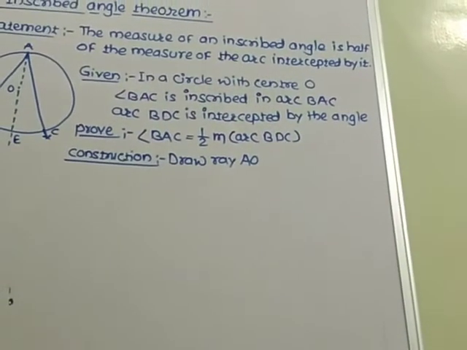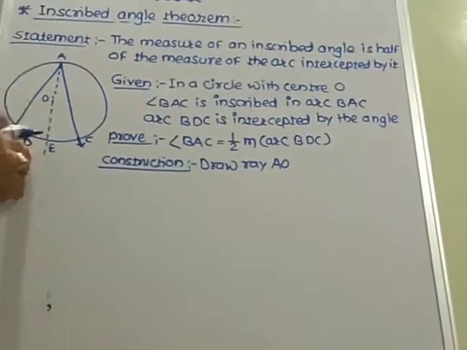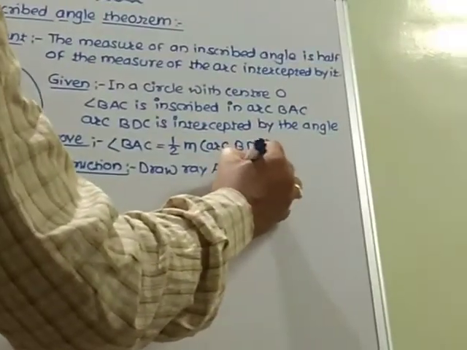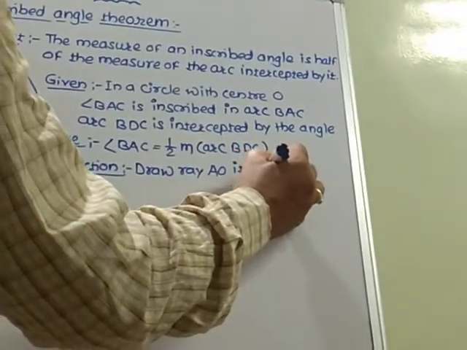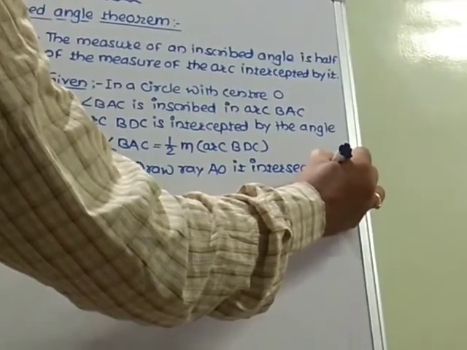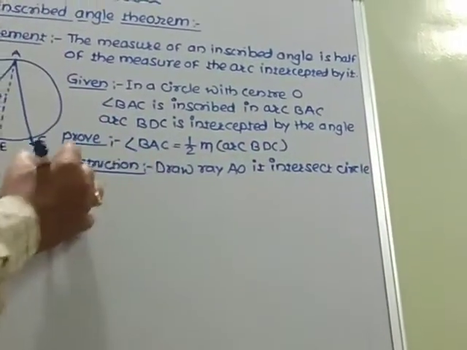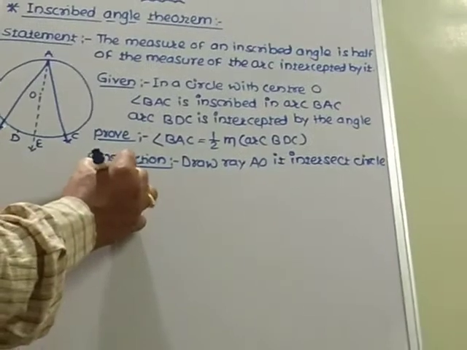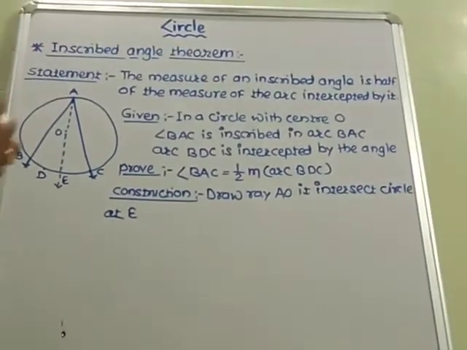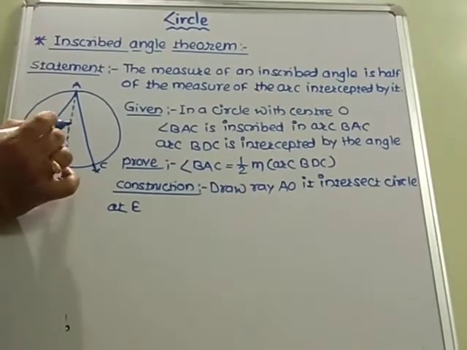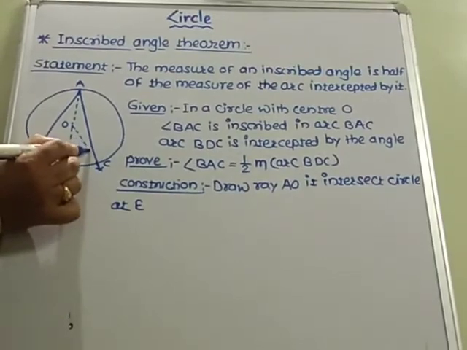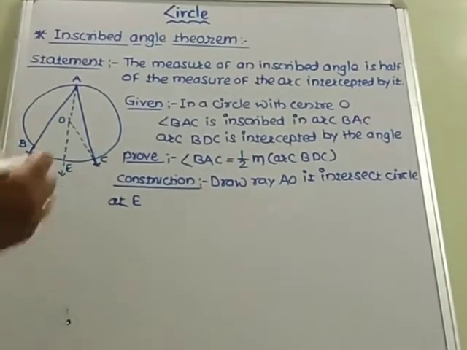It intersects the circle at E. Okay, draw radius OC. That means OC, we draw a radius.